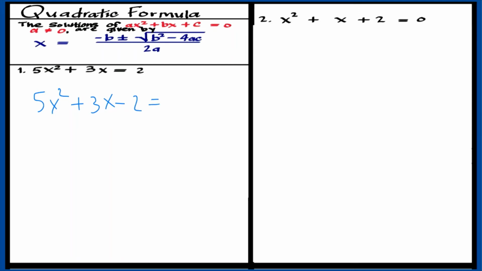Now I need an a, the coefficient of x squared, so a is 5. The coefficient of my x is my b, which is 3. And my c is my constant, which is exactly how they have it, a negative 2. So my c is a negative 2. You take the signs also when you're determining your a, b, and c.